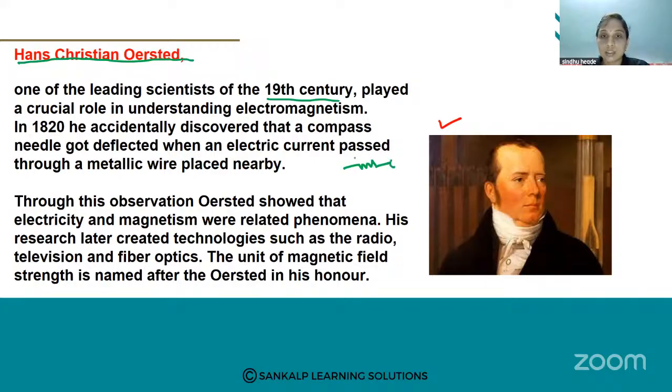See, this is called resistance and this is our key which is connected to the battery, and other components are also there in the circuit. Imagine he used this circuit and one compass near this circuit. Accidentally he found that some magnetic effect is generated when electric current flows through this circuit.